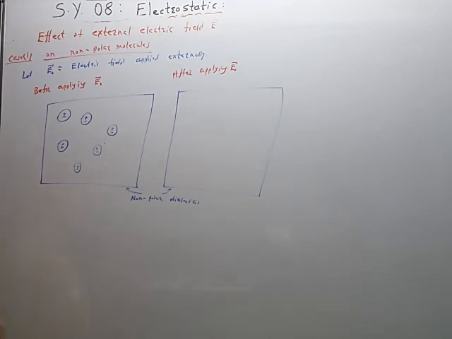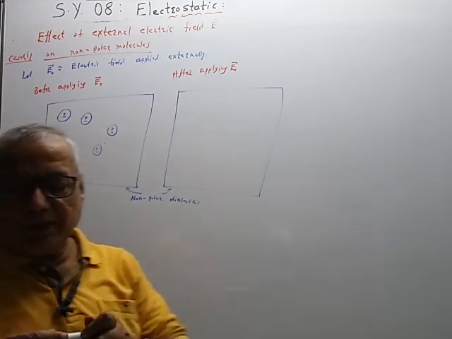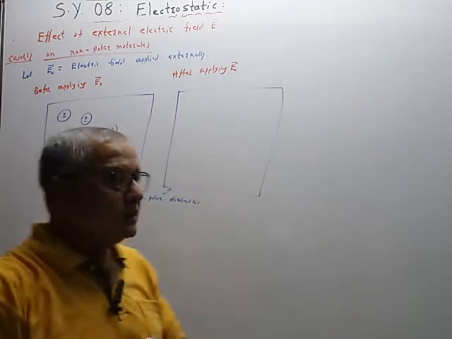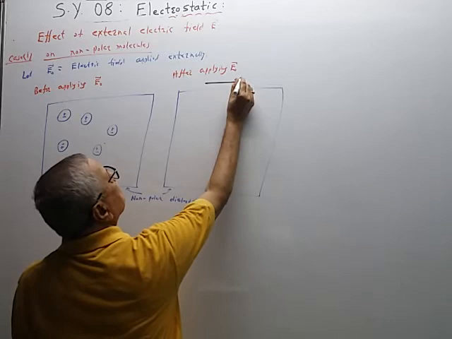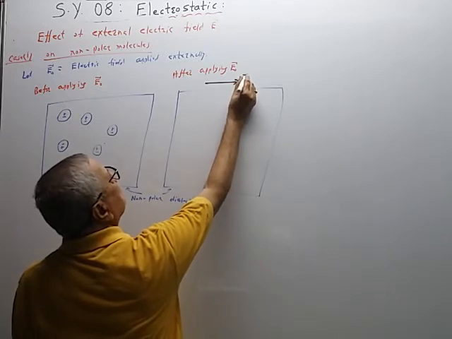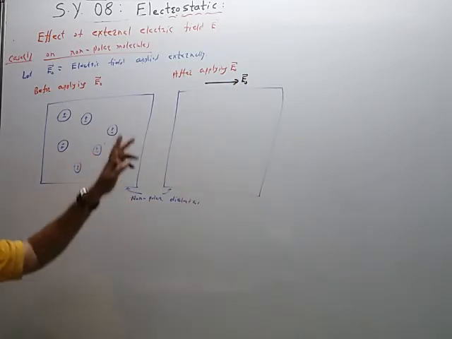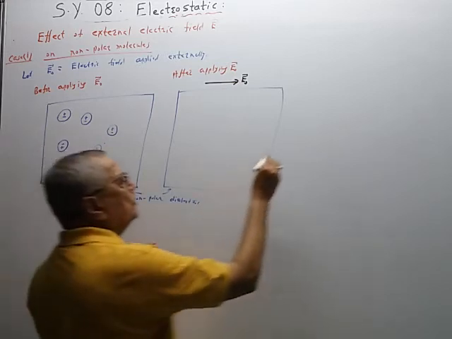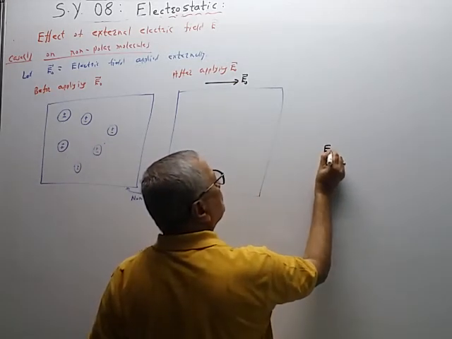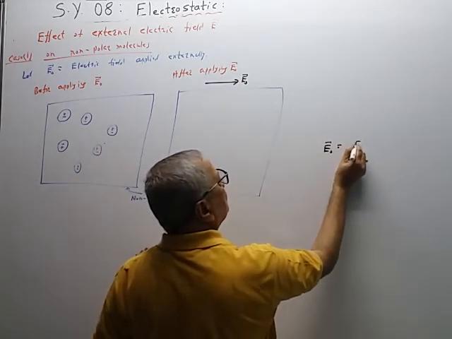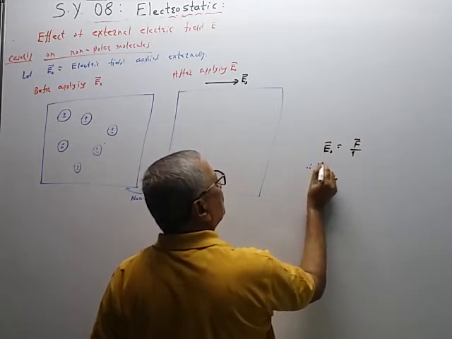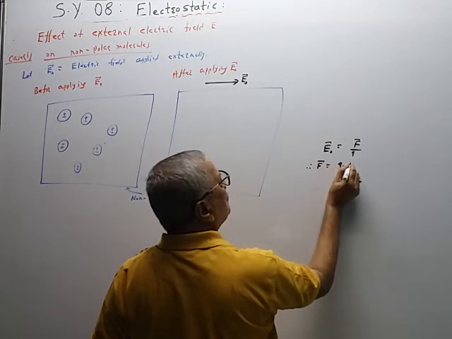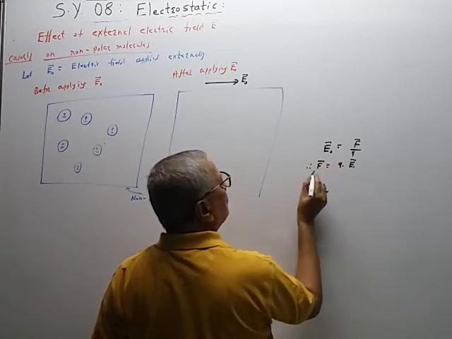Now if the electric field is applied in this direction, this is the direction of the applied electric field E0, then we know the effect. We know this definition: E0 is equal to F upon q. Therefore, F is equal to q multiplied by E0.